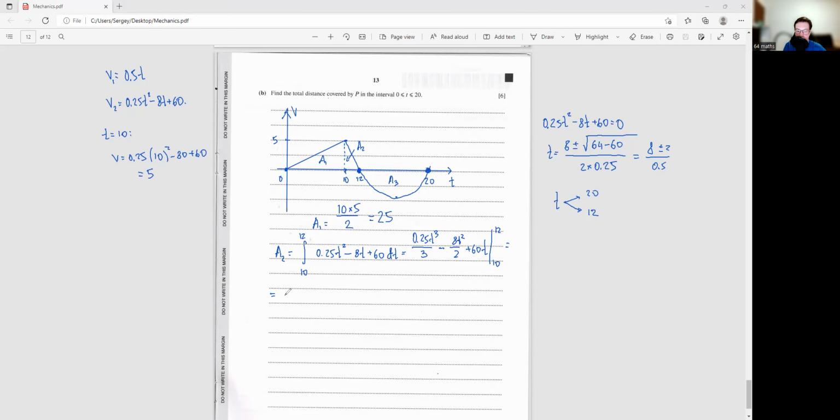Now let's substitute the upper limit, and take away, I'm going to substitute the lower limit. I got 4 2/3.